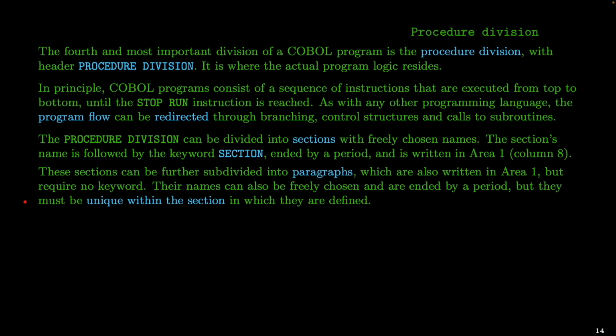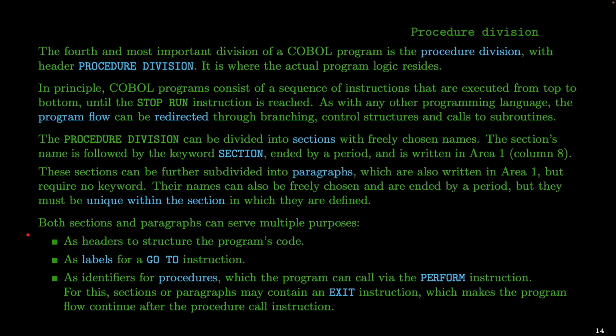unique paragraph names. Both sections and paragraphs can serve multiple purposes. The simplest one would be just as headers to structure the program's code for readability. We can use them as labels for a go-to instruction, which of course is frowned upon nowadays because it leads to unreadable code. And we can use them as identifiers for procedure calls.